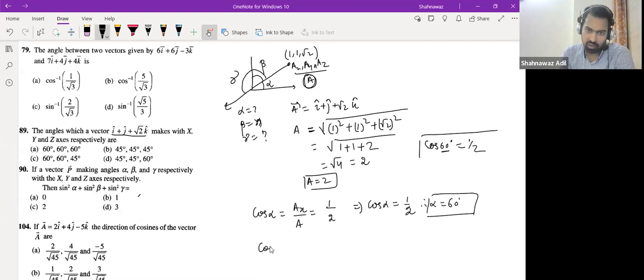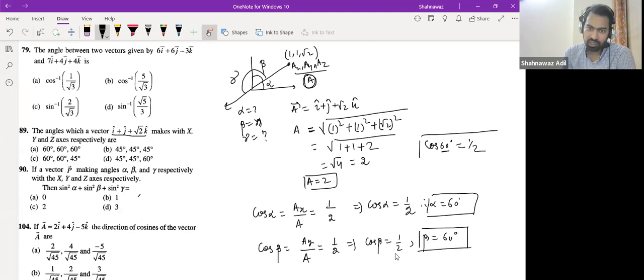Similarly, cos beta would be how much? This would be AY by A. So AY is again 1 by 2, so cos beta is half. So beta would be how much? 60. And lastly, cos gamma. So cos gamma is AZ by A, which is root 2 by 2.